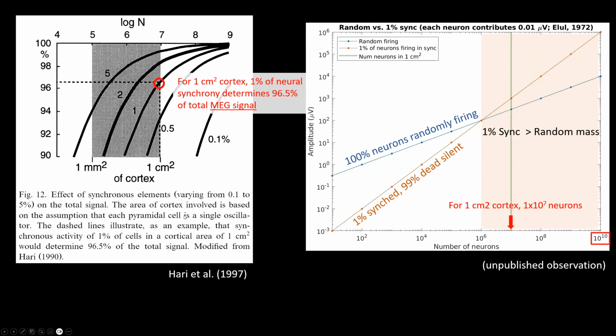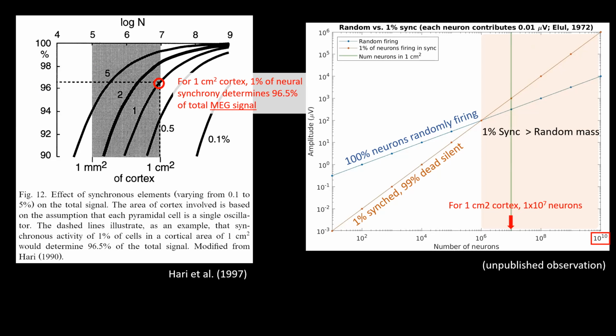According to these MEG researchers, they even showed this figure in this paper, and they said that if they have 1 square centimeter of the cortex with only 1% synchronization, which is this line, then they can measure the MEG signal from there.